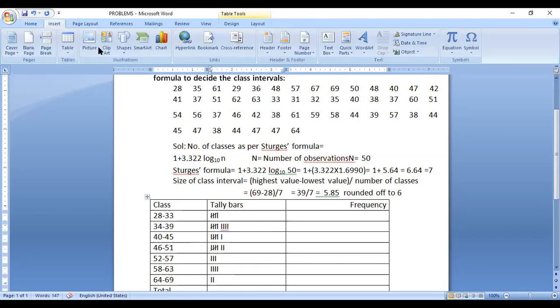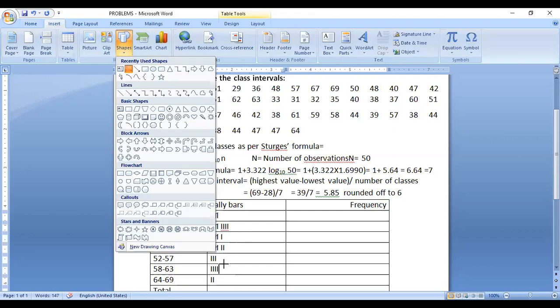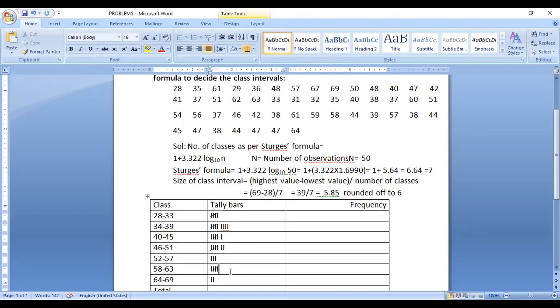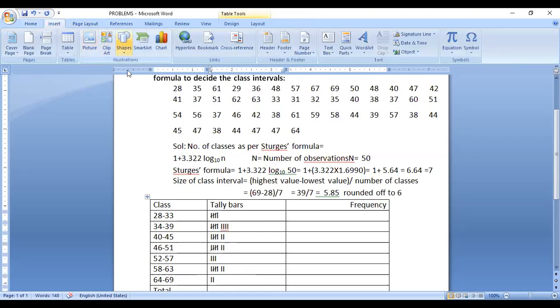Already 4 are over, the fifth one you have to strike them. 59, give some gap. 58, 44, 39. The next set of 4 is over, so again you strike them.